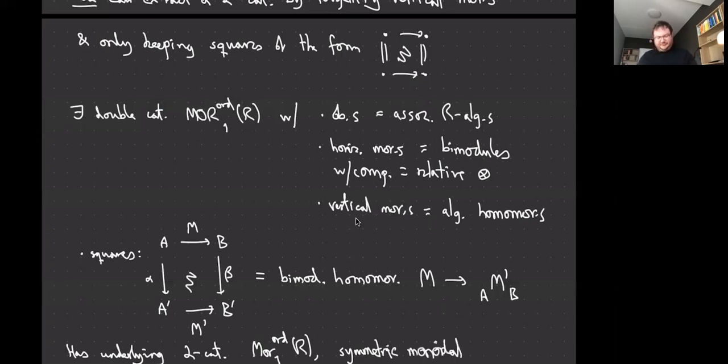You can make a symmetric monoidal structure on the double category as well, and this seems to have been first written out in detail by Mike Schulman in 2010.